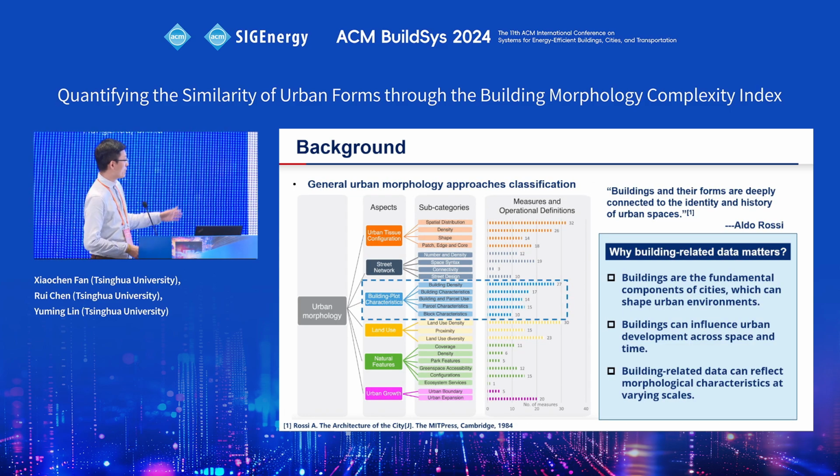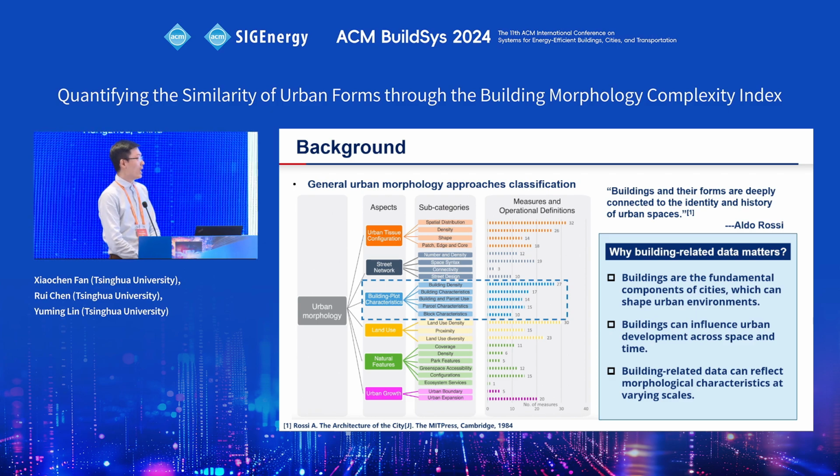So here, this figure shows how we can analyze the urban form from different perspectives using different types of data. And inspired by some recent research works, we explore using building footprint data to quantify the similarity of urban forms. And there's a famous quote from Aldo Rossi.